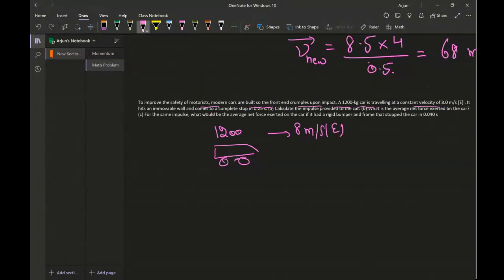It hits an immovable wall and comes to a stop. Means v final is 0 and v initial is given to me, which is 8 meters per second.